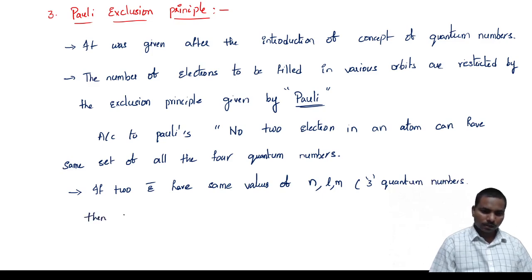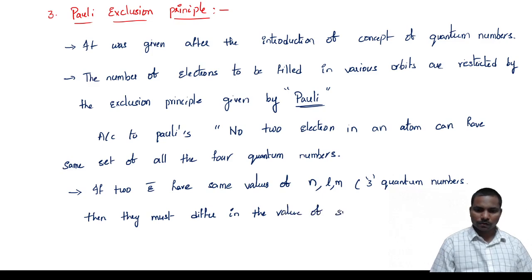then they must differ in the value of spin quantum number. Okay, that is the fourth number.